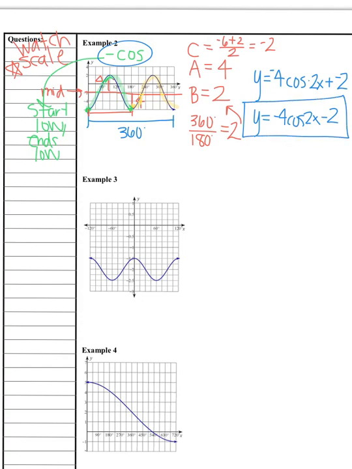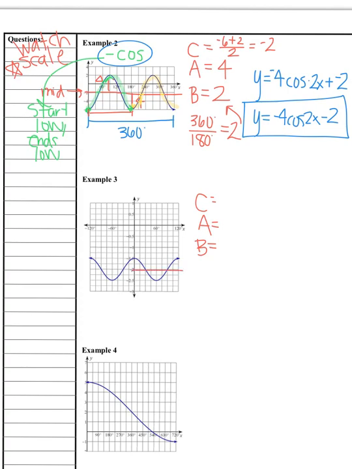Okay, example 3. Let's go ahead and find our midline. So we know we need the midline, the amplitude, and your frequency. So our midline looks like it's at about, or at exactly, my bad, negative 2.